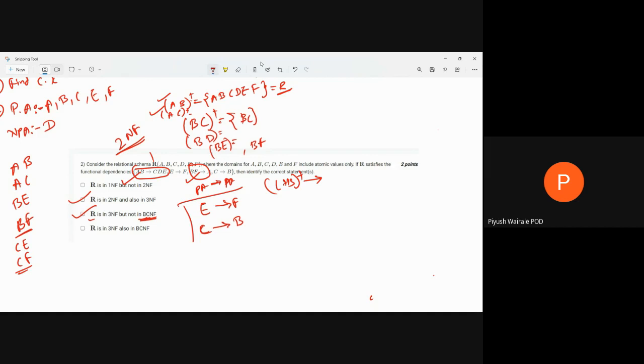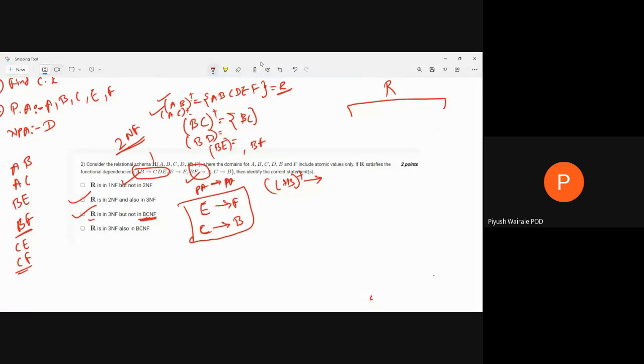If these two functional dependencies are violating my BCNF condition, then what to do? We need to decompose this relation R into different relations so that it should be in BCNF.